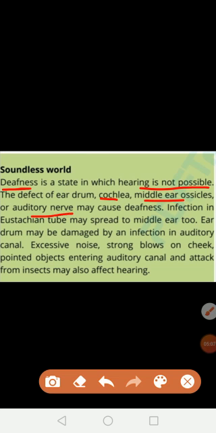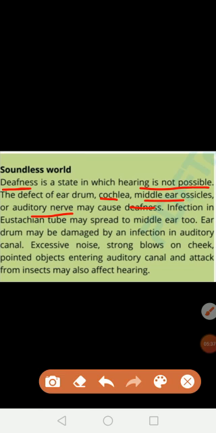If there is a defect in these parts, it causes deafness. Infection in the eustachian tube may spread into the middle ear too, and that also results in deafness. Or the eardrum may be damaged by infection in the auditory canal. So if there is a defect in any of these parts of the ear, it results in deafness.